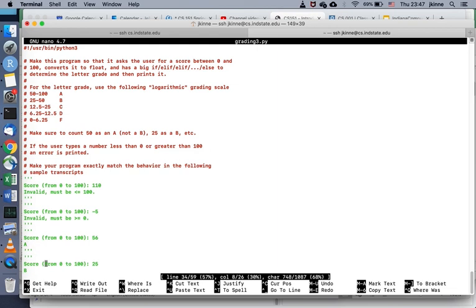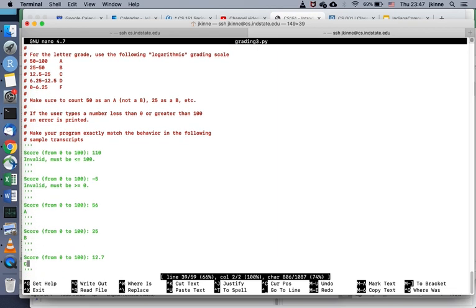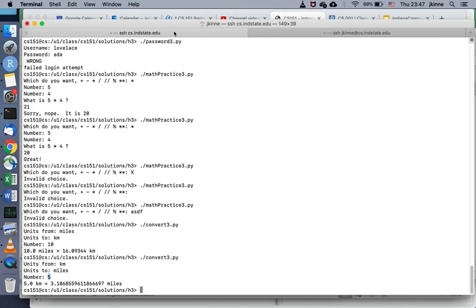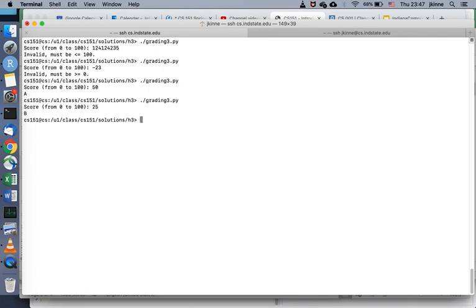And then the ranges. So you have to check whether it's in these ranges here. All right, so if I run that one, if I type something like that, it's too big. Something like that, it's too small. If it's on the boundary between one of the grades, then give them the benefit of the doubt.